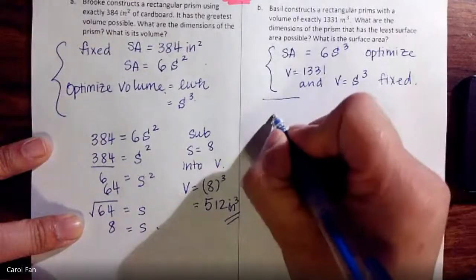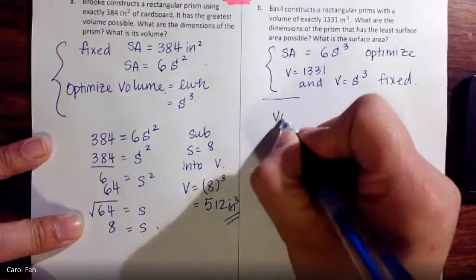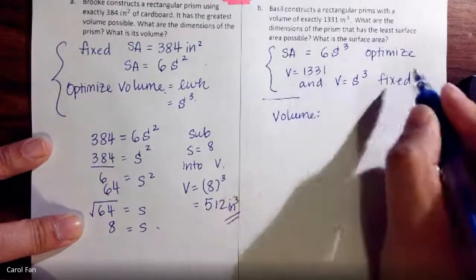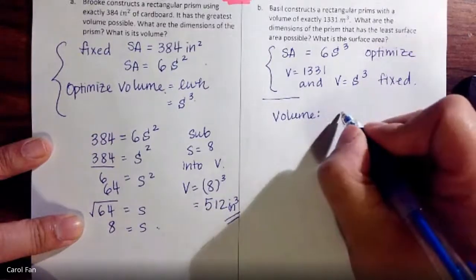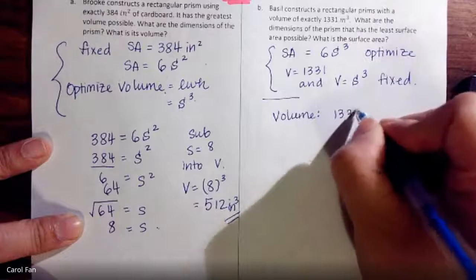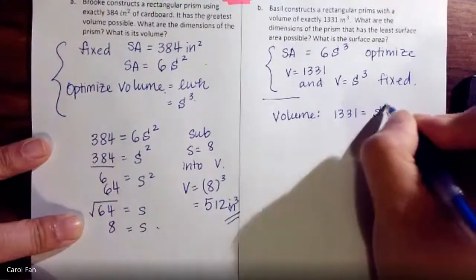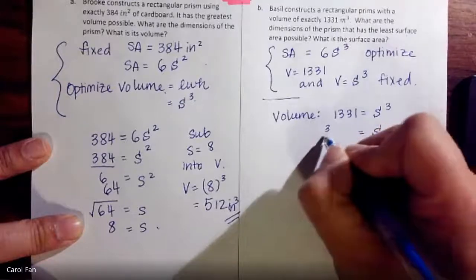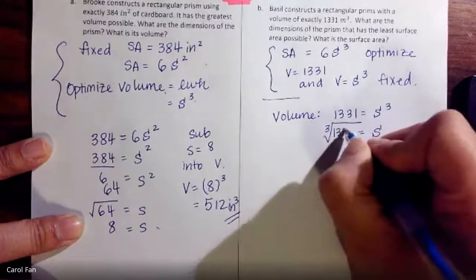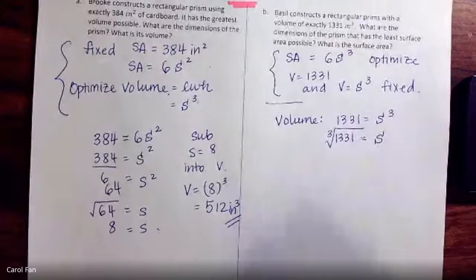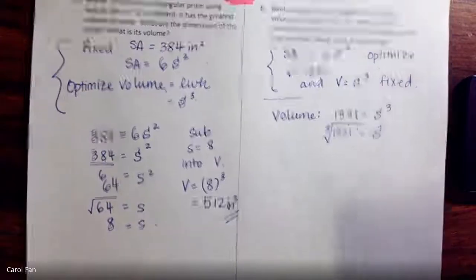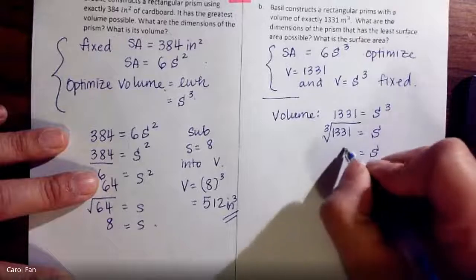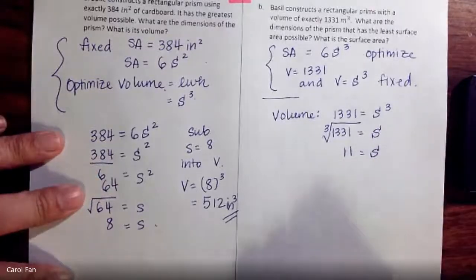So the next thing, I'm going to rearrange my volume equation so that I can substitute it into my optimizing equation. 1331 is equal to s cubed. We're going to undo the cube by taking the cube root of 1331. Throw that into your calculator, and you'll get s is equal to 11.